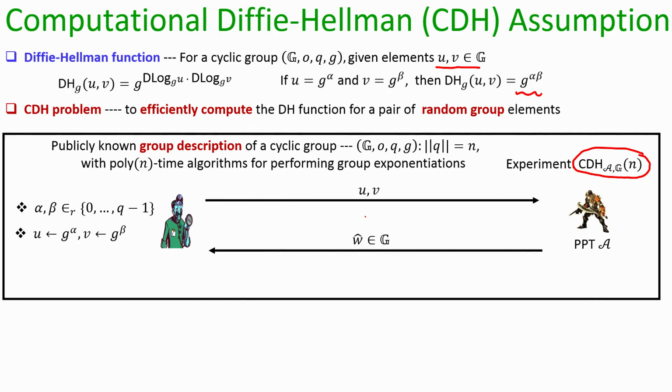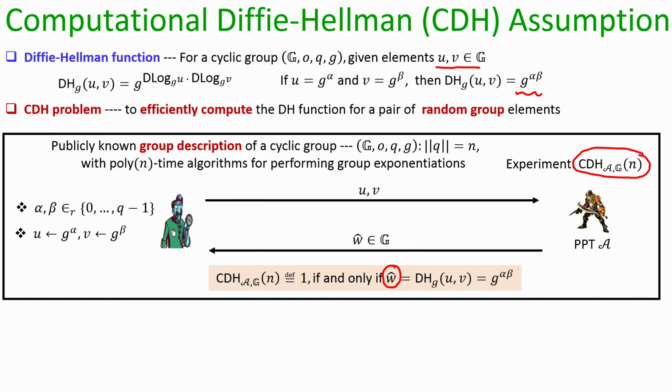The rules of the experiment say that the adversary has won, or the output of the CDH experiment is 1, if and only if the output w cap submitted by the adversary is exactly the same as the value of the Diffie-Hellman function on the input pair u comma v, namely g to the power alpha times beta.